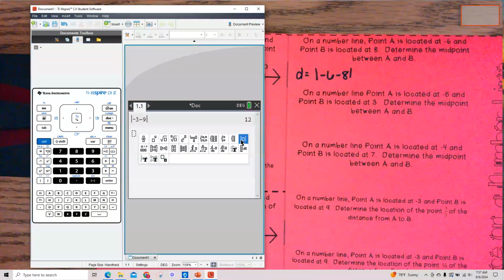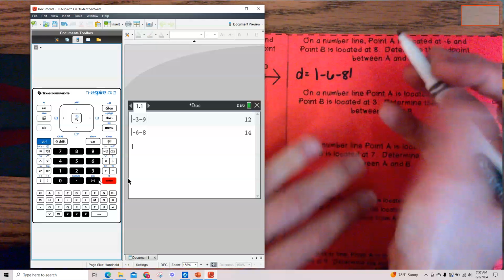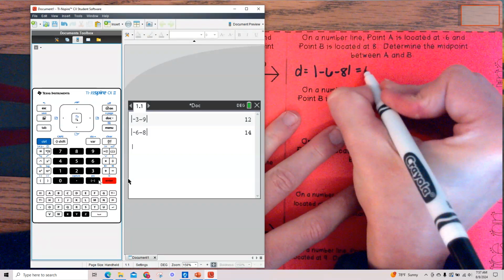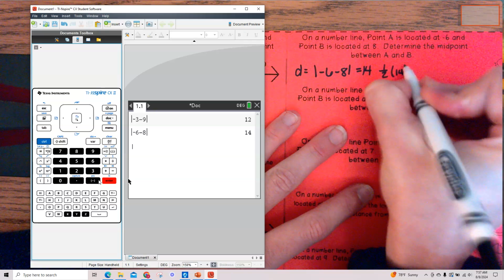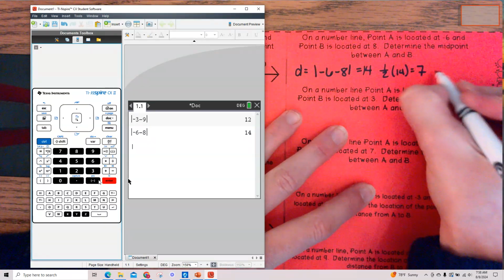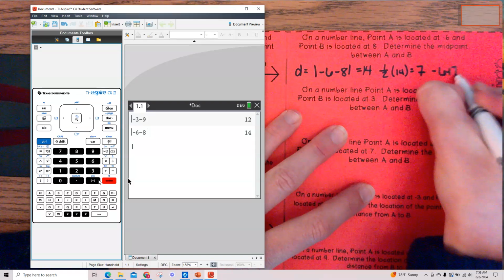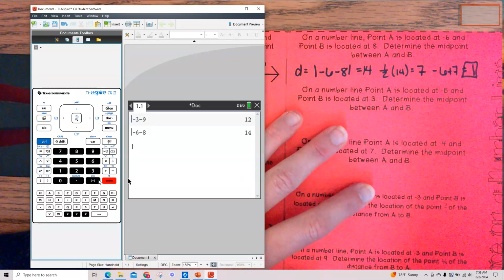So absolute value, -6 minus 8 is 14. And then we half that. Half of 14 is 7. And then we add that to point A. -6 plus 7 equals 1. 1 would be the midpoint.